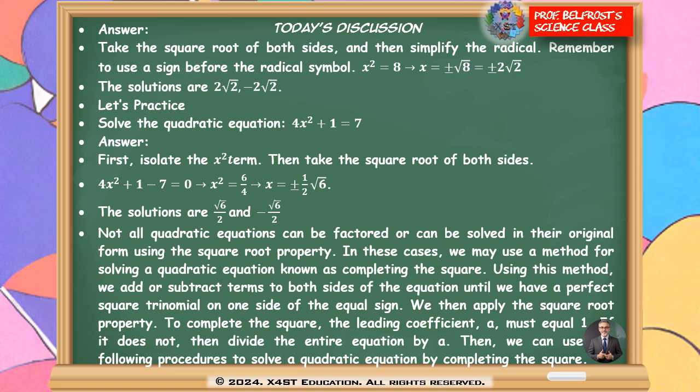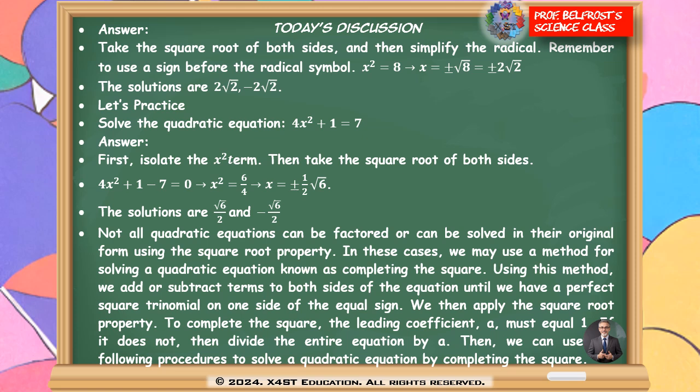The second example: solve the quadratic equation 4y squared plus 1 equals 7. First you need to simplify it. The constant is still not single, so you just need to move the 7 to the proper side. So we have 4x squared minus 6 equals 0, and you can move back to make the arrangement. x squared equals 6 over 4, or 3 over 2.